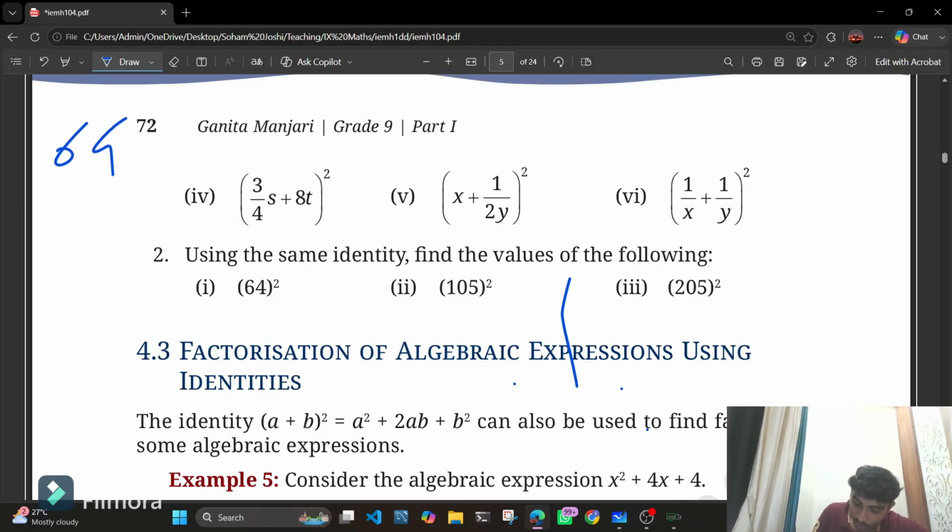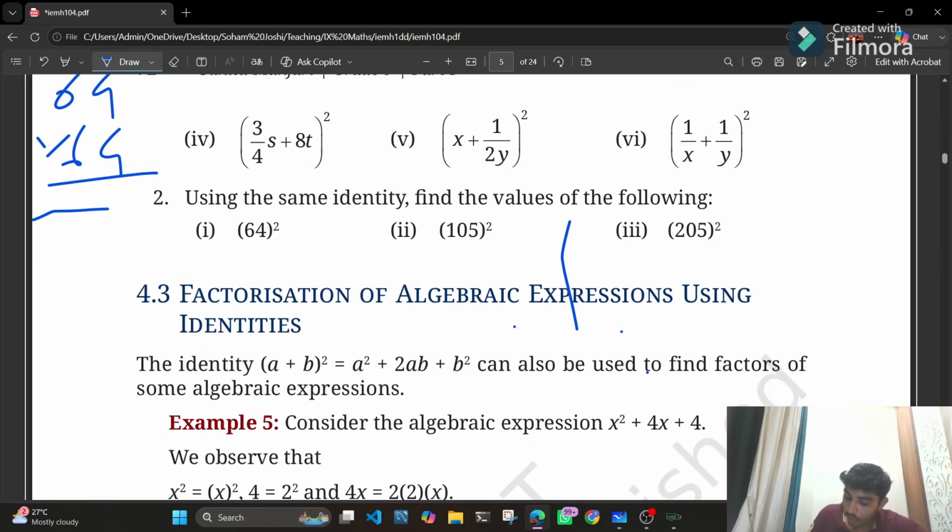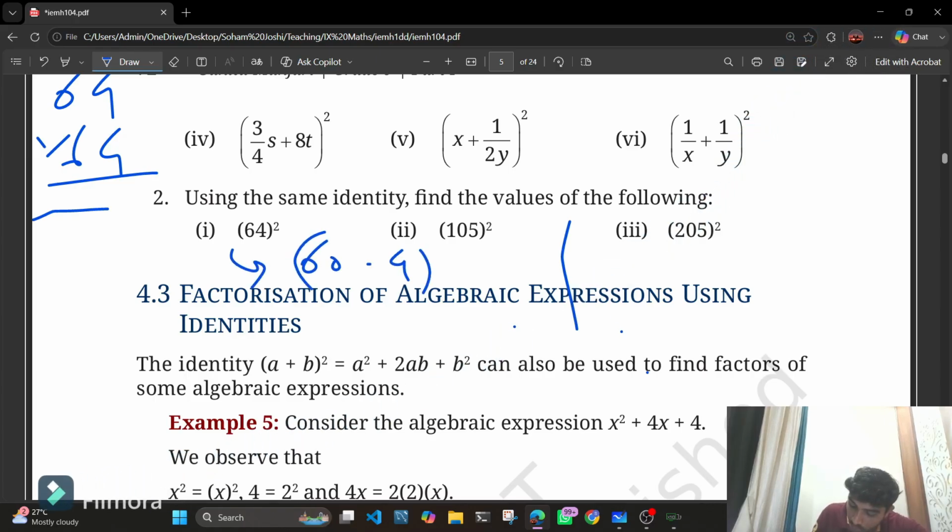Now, squaring 64 is a huge number because you need to multiply 64 two times, right? So it is a very tedious process. Rather, instead we can write 64 as 60 minus 4, right? 60 minus 4. I hope this is understood.